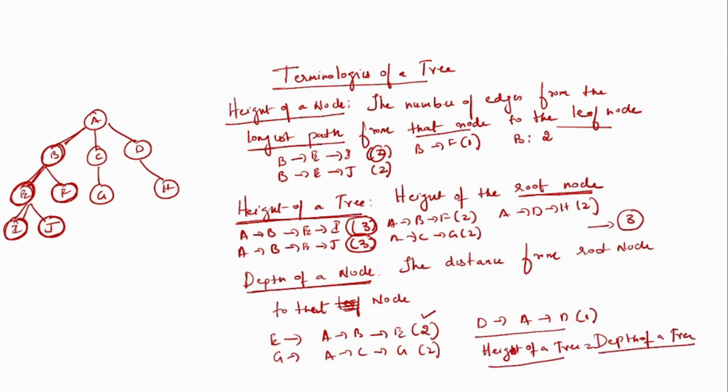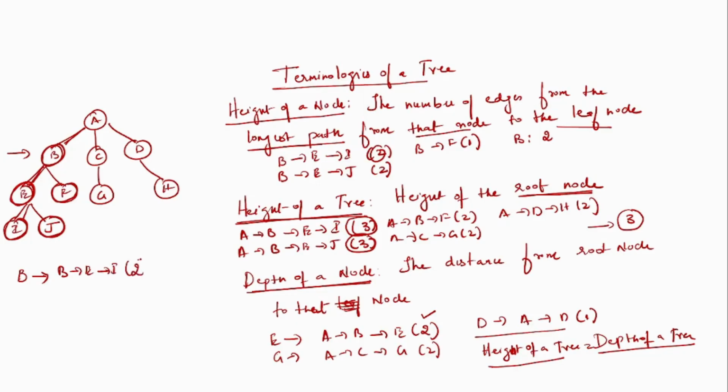Please understand that the height of a node might or might not be equal to the depth of a node, but the height of a tree will always be equal to the depth of a tree. For example, let us take B. The height of B is nothing but B to E and E to I, so 2 edges.